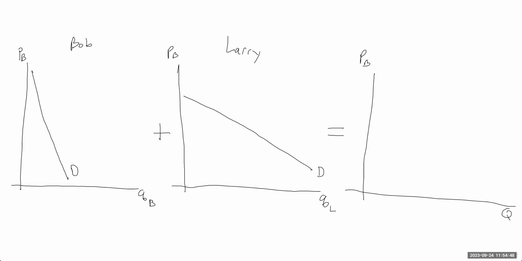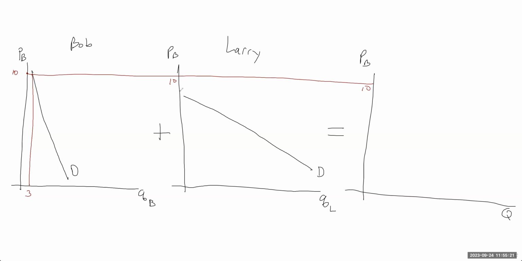All right. So from here, how do we get the market demand? We add across for different prices. What does that mean? We add how much each of the people want to consume given a specific price. So for example, at a price of $10 a can, Bob wants to buy, I don't know, 3 cans of beer.